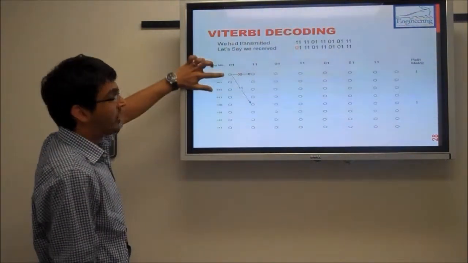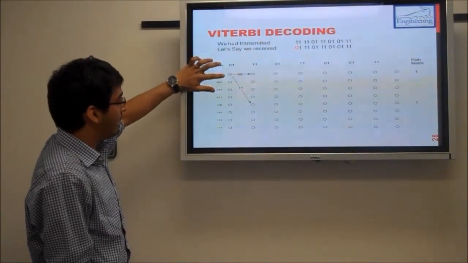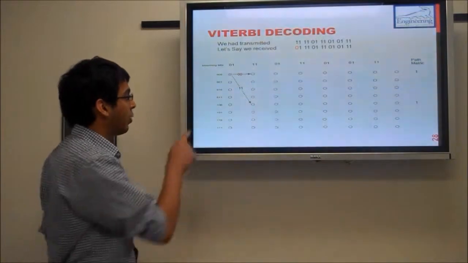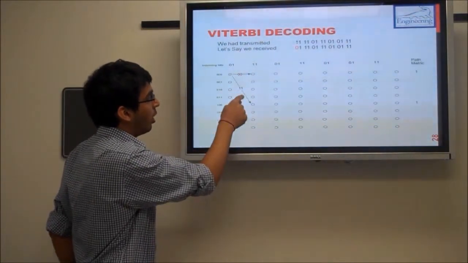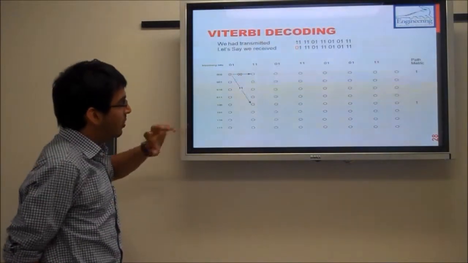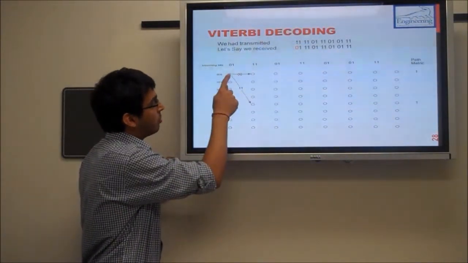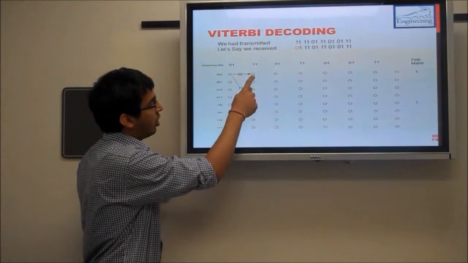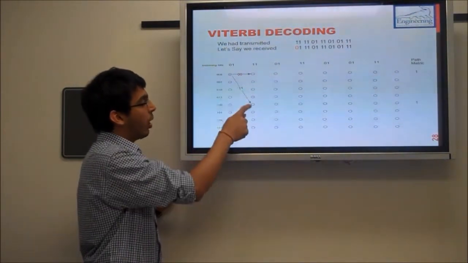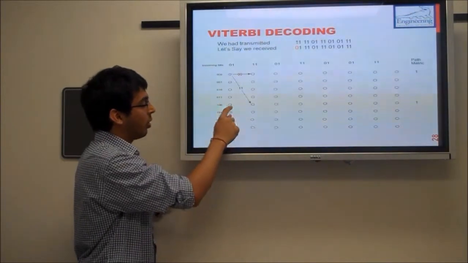So you start from the first state, which is 0 0 0. From the first state there are only two possible transitions. One is 0 0 and one is 1 1. But you have received a 0 1, right? So let's assume that it could go from state 0 0 0 to 0 0 0, or there could be another possibility where it could go from 0 0 0 to 1 0 0.